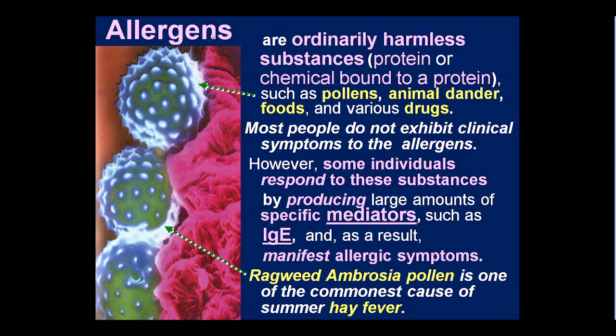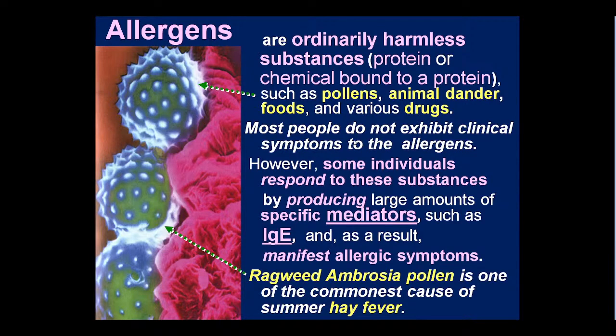Allergens, briefly. Allergens are ordinarily harmless substances. Chemically, they are proteins or chemical compounds bound to proteins. So they are harmless substances, such as pollens. They are shown here, 3 units of pollens in the microphotograph on the left part of the slide. Also, typical allergens may be related to animal danders, to many types of foods, and various drugs, including penicillin.